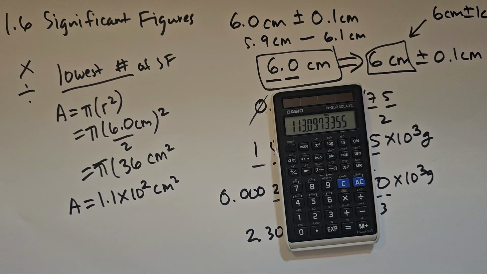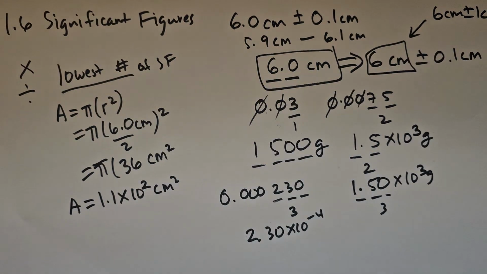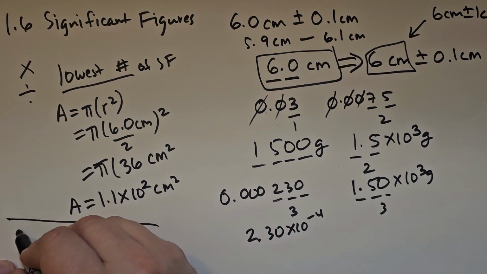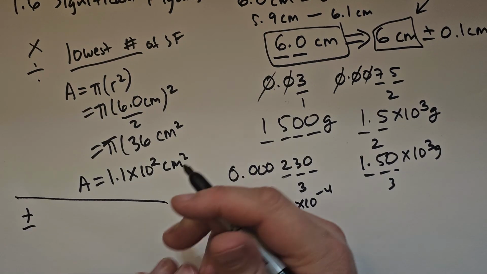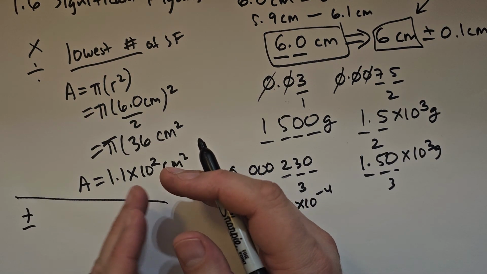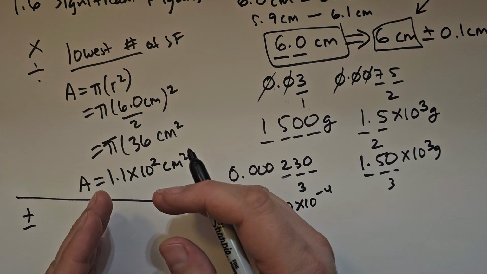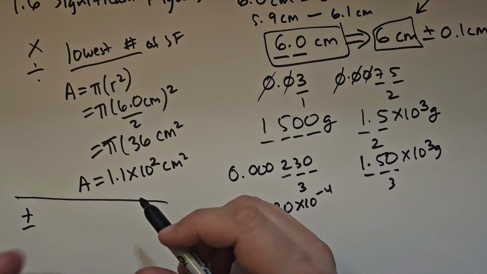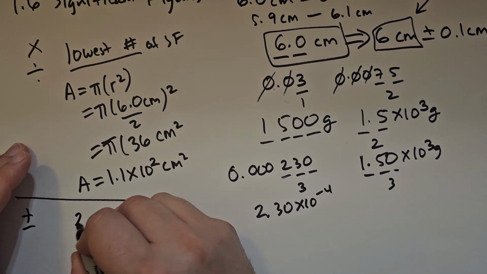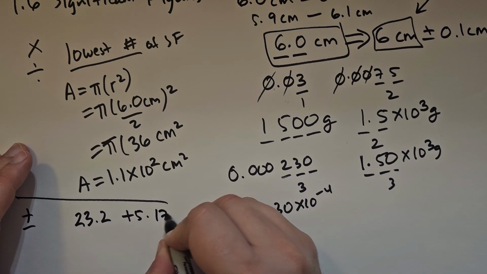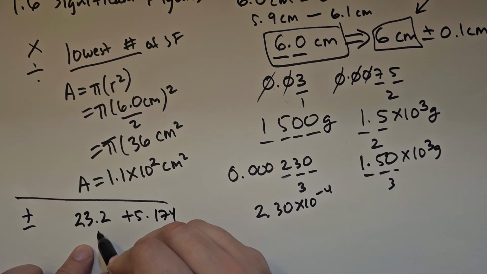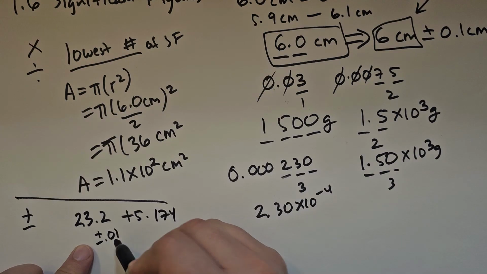All right. Now, when adding and subtracting, it's a little bit more complicated. What you do is you basically move everything to the furthest left. And the way to think of this is like, let's say you're adding the numbers 23.2 plus 5.174. This one is plus or minus 0.01.